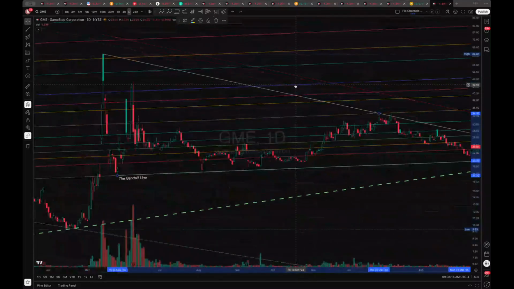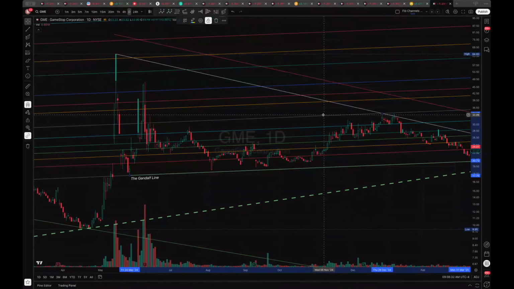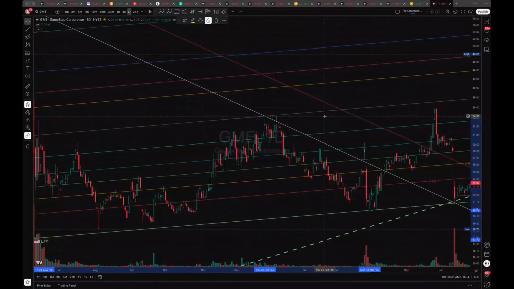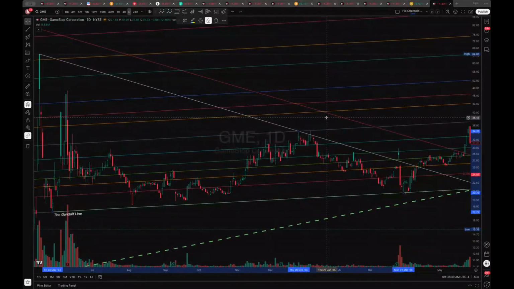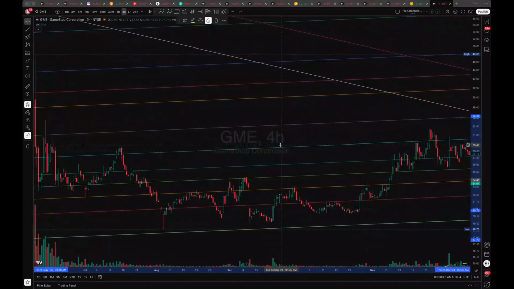So I'm going to place my one fib extension where I had a significant resistance line intersecting with a trend line there. I'm going to go ahead and lock the fib channel just to make sure I don't accidentally move it. And we'll just take a look here. I'm going to switch to a 4-hour chart to get a little bit better granularity than the day.